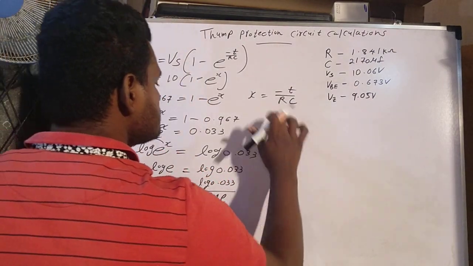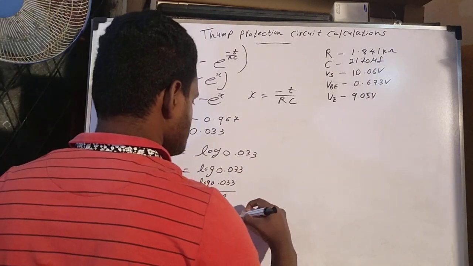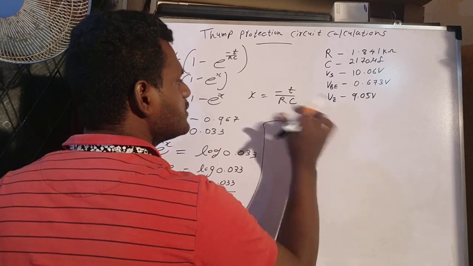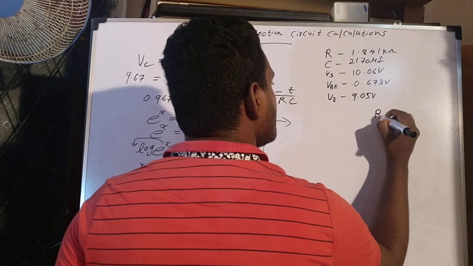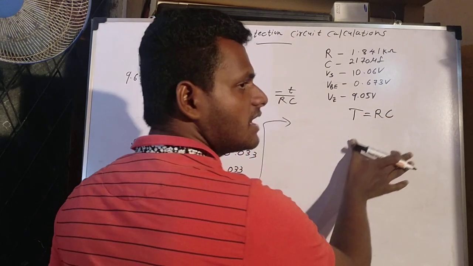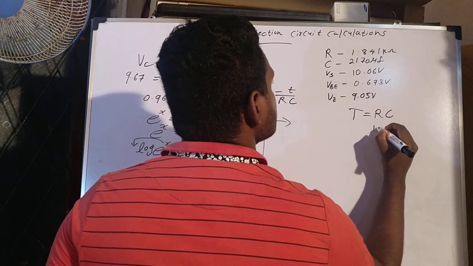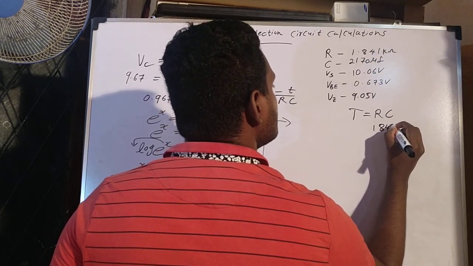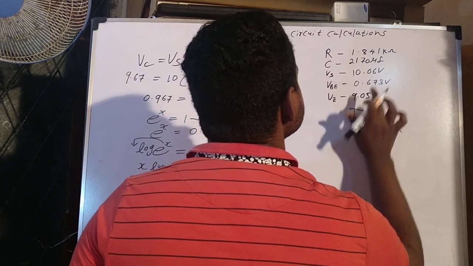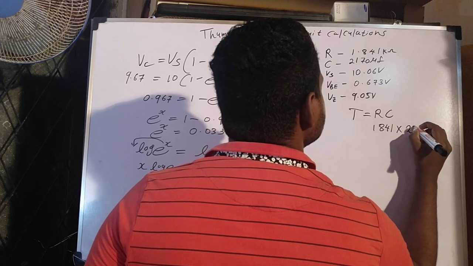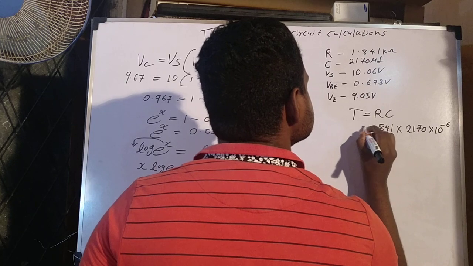So now we have to calculate this value. I'm taking it in here, then I have to find the RC value. What is RC? We take it as the time constant. The R value is 1841 ohms times C, which is 2170 microfarad, meaning 10 to the power minus 6.